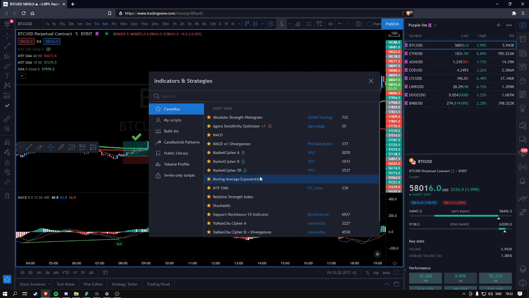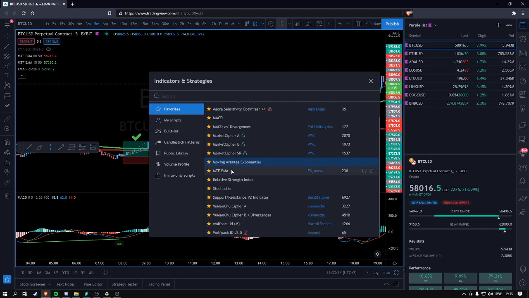That's normal EMA, and there it is, MTF EMA. So you're looking for MTF EMA made by FX Massa. Once again, this is a strategy I found online, but I made it my strategy in terms of I've added certain confirmations that I follow.